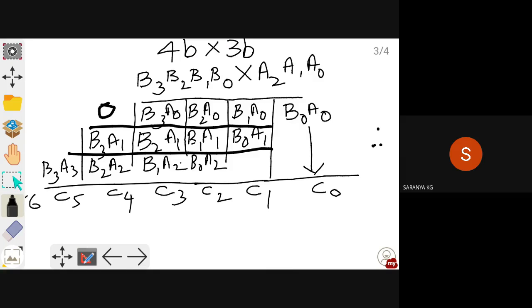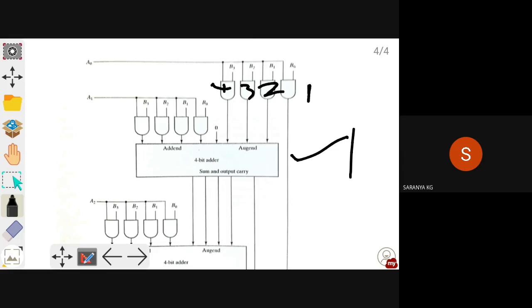The fourth bit you don't have in the first row, that is 0. So I am giving 0 here. This is the 4-bit first number, the augend. So your first number will be 0, then A0 into B3, A0 into B2, and A0 into B1.